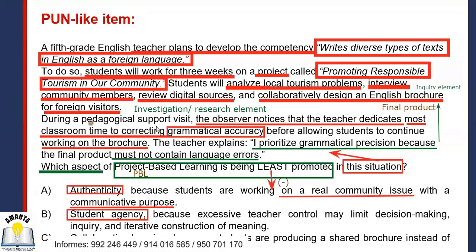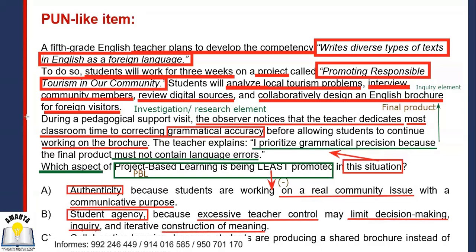Why? It says here, because of excessive teacher control. There's excessive teacher control, right? And this teacher's control may limit decision making. What other element too? The inquiry too, the iterative construction of meaning. Yes, here we have the constructivism theory, right?